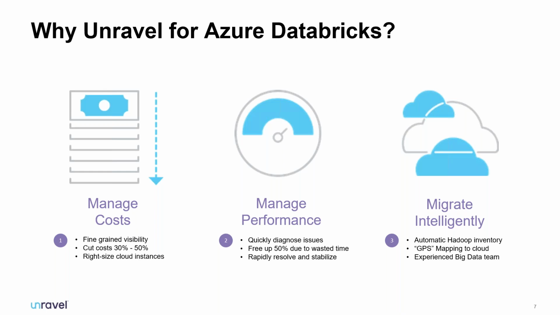Because we have a rich heritage around Hadoop, we're able to automatically inventory your cluster's resources, get into fine-grained analytics, and provide a GPS mapping to the cloud to show you exactly which path you should take to get the most optimal outcome. And that's all backed by an experienced big data team.